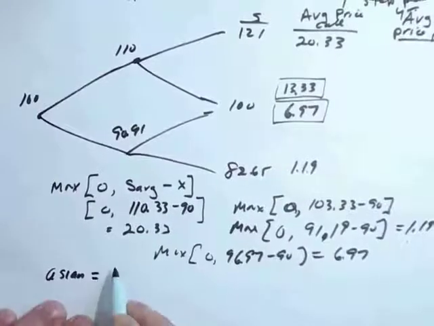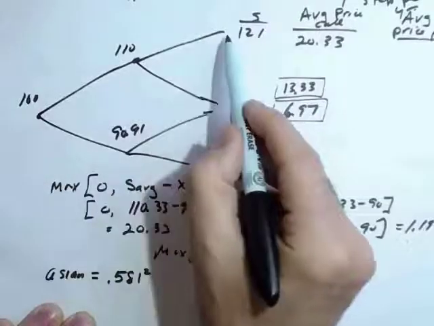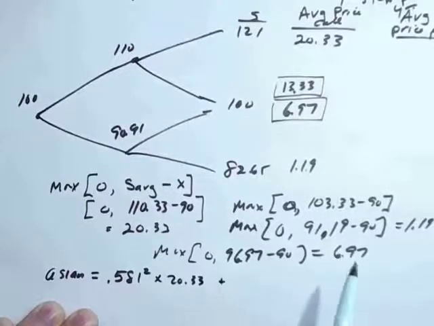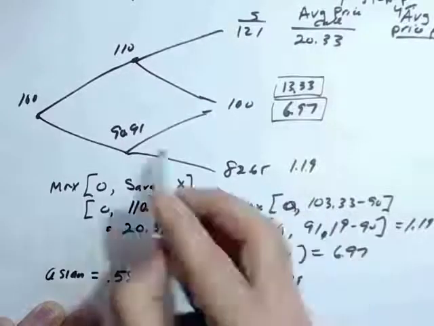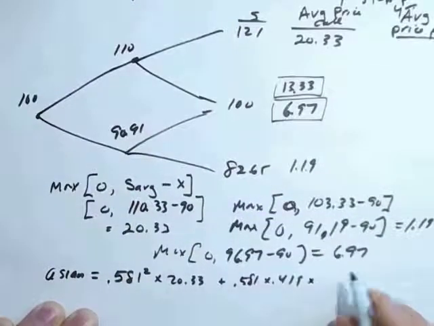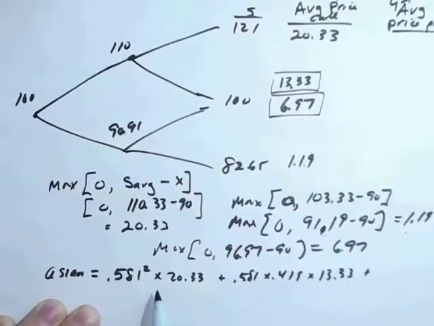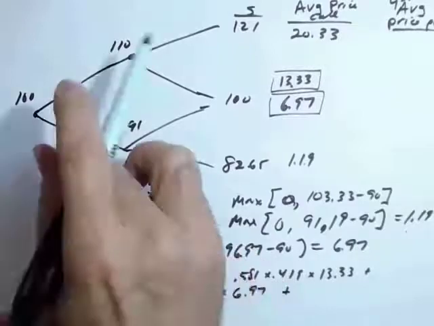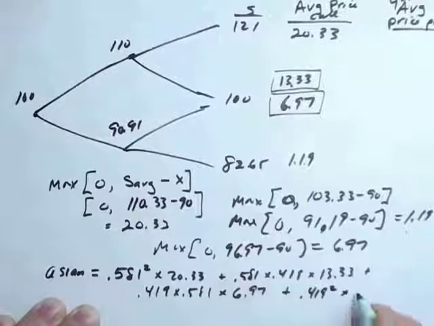The probabilities are 0.581 squared to get to the $20.33, plus 0.581 times 0.419, the probability going up, probability going down, times the 13.33, plus the down, up probabilities, 0.419 times 0.581 times 6.97, plus the probabilities here twice, 0.419 squared times the payoff of $1.19.